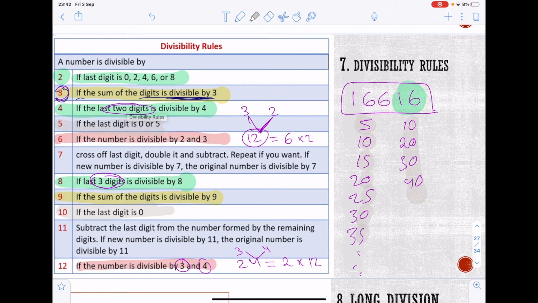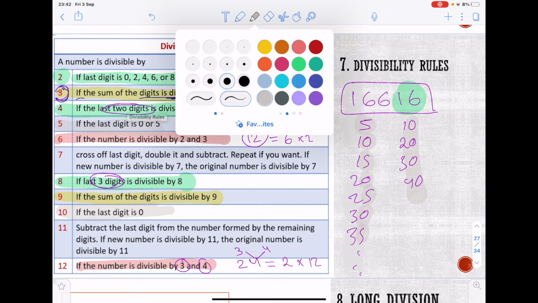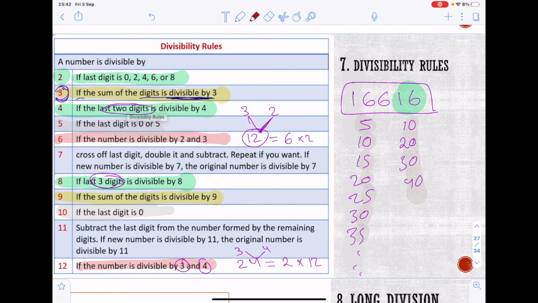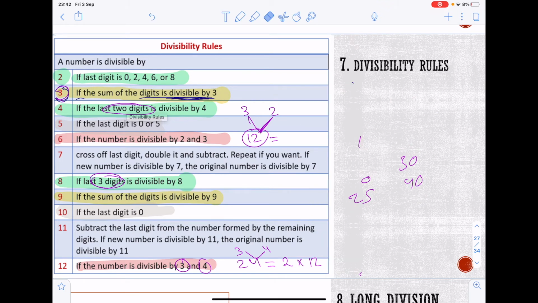Now we have left the divisibility by 7 and the divisibility by 11. For the divisibility by 7, I'll give you an example. If we have the number 49, you know 49 is 7 times 7.